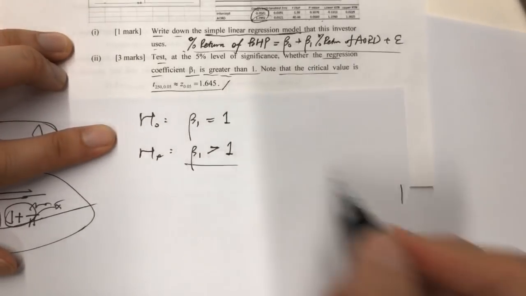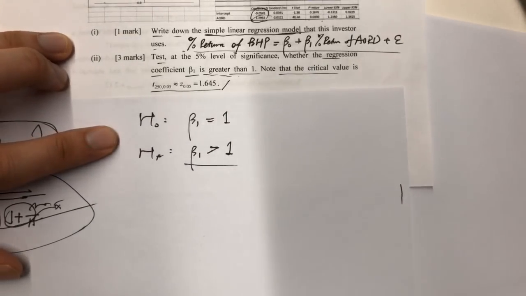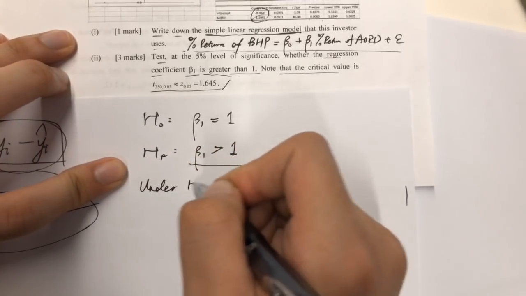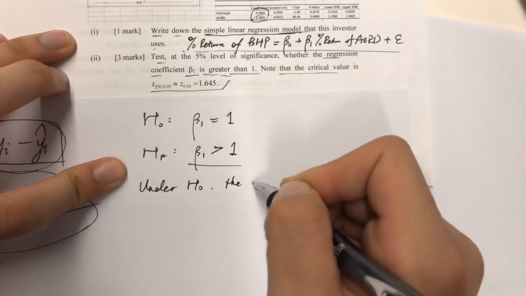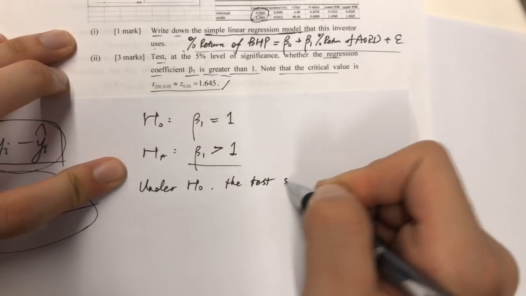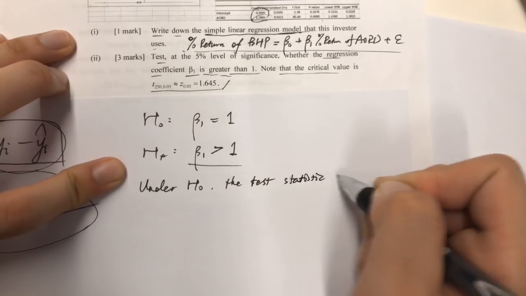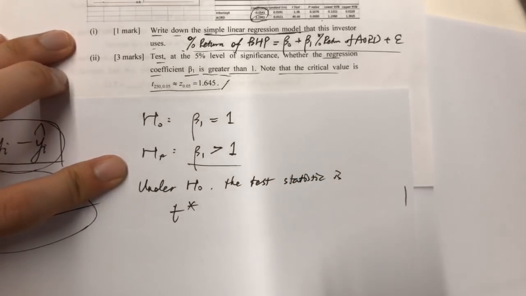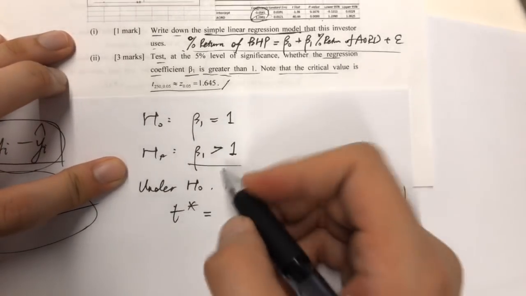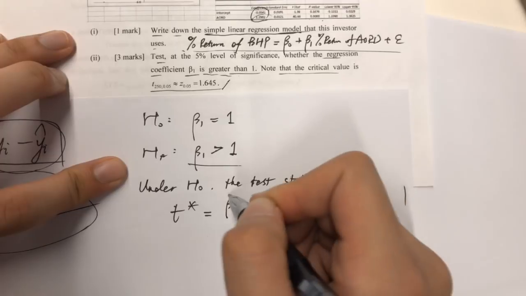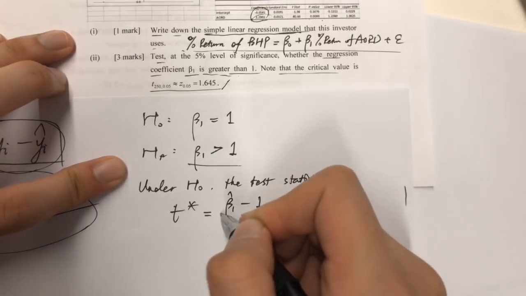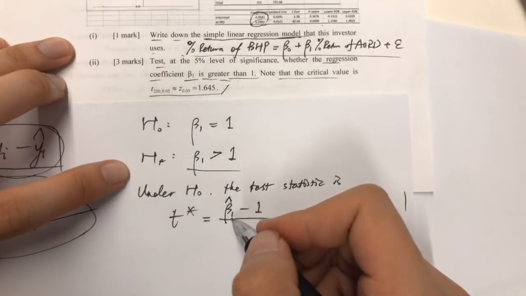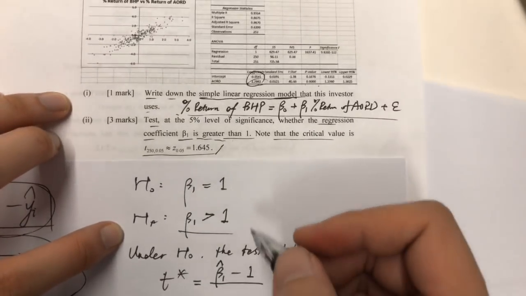So it must be a one-tailed test instead of a two-tailed test. Under the null hypothesis, the test statistic is the t statistic. So t star equals beta 1 hat minus 1 divided by the standard error of beta 1 hat. Where can we find the standard error of beta 1 hat?